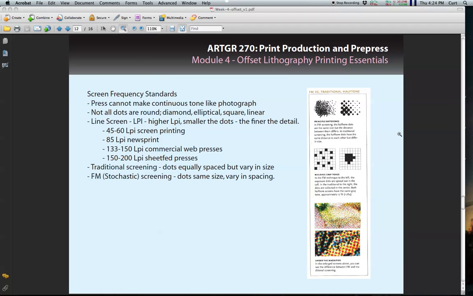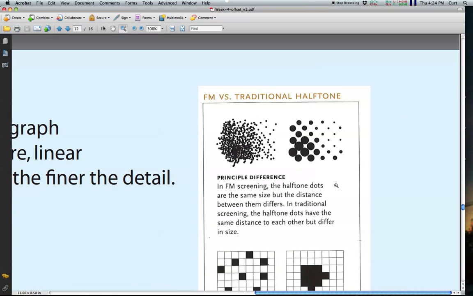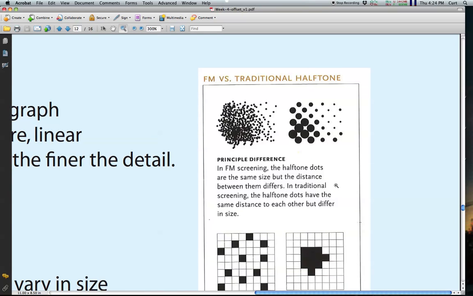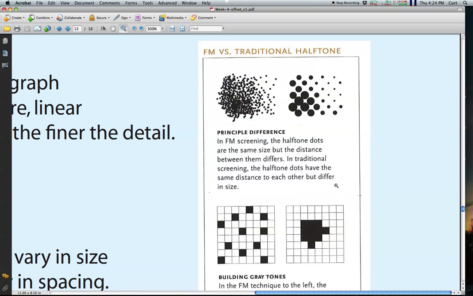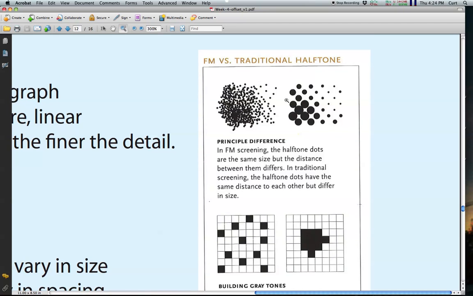And first is that there's another type of screening called FM, or stochastic screening. Now if you remember, with halftone screening, the dots were similar to what we see here on the right, where all of the dots were on a grid, spaced out equally, and then the size of the dots would change.